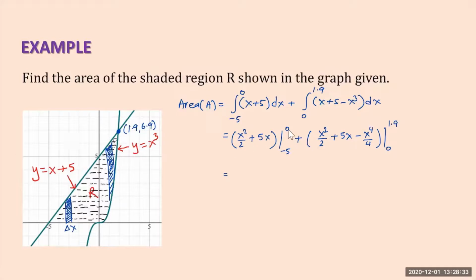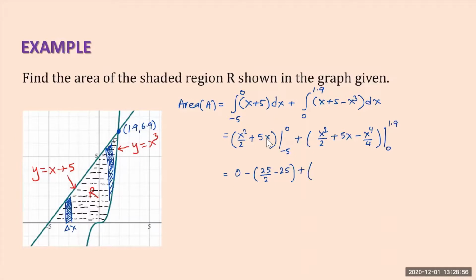If you plug in 0 here, that will be 0 squared over 2 plus 5 times 0, that will be 0. And then minus, if we plug in -5, -5 squared is 25 divided by 2. 5 times -5 is -25.